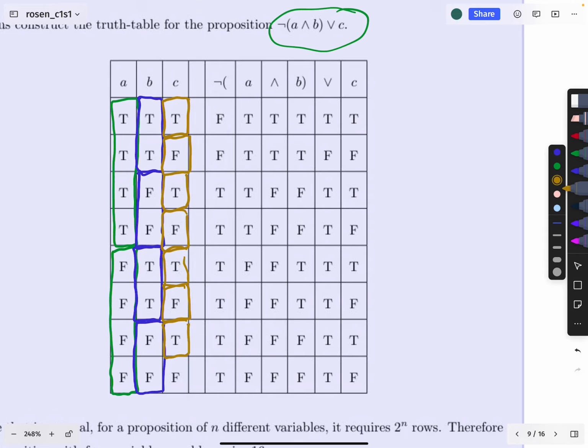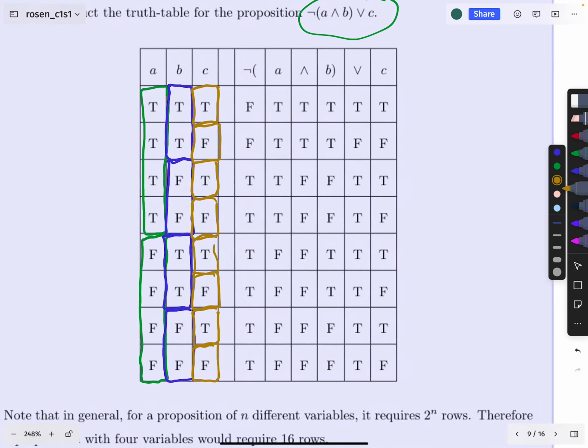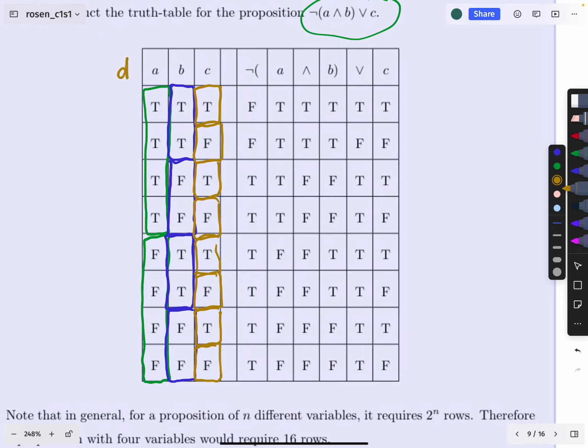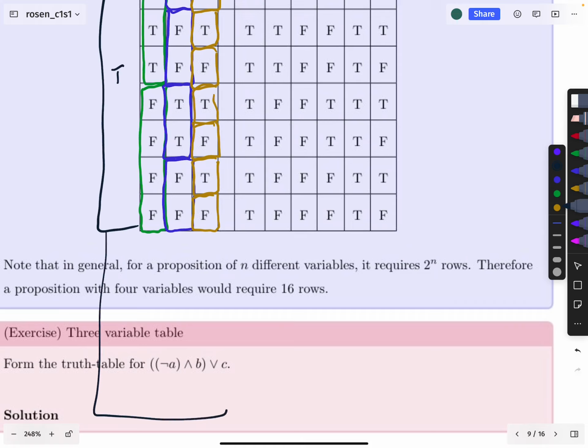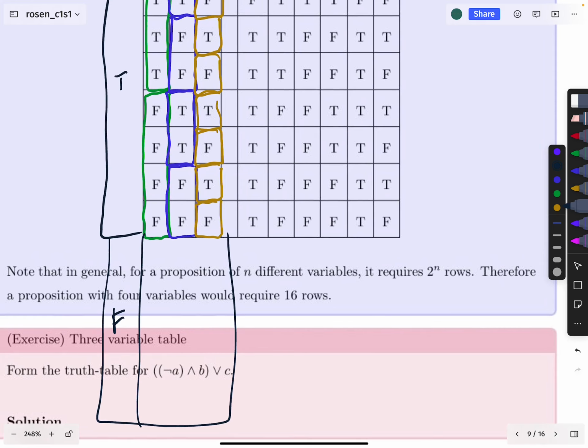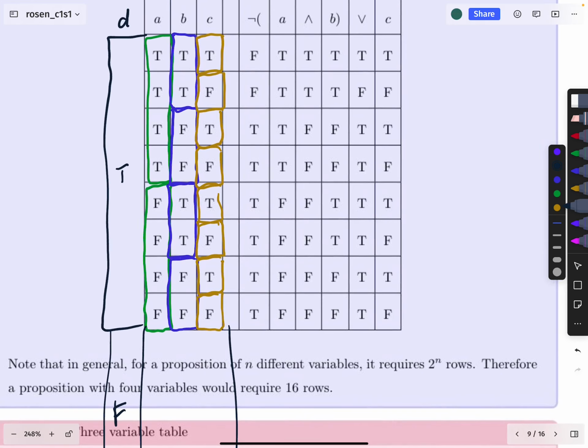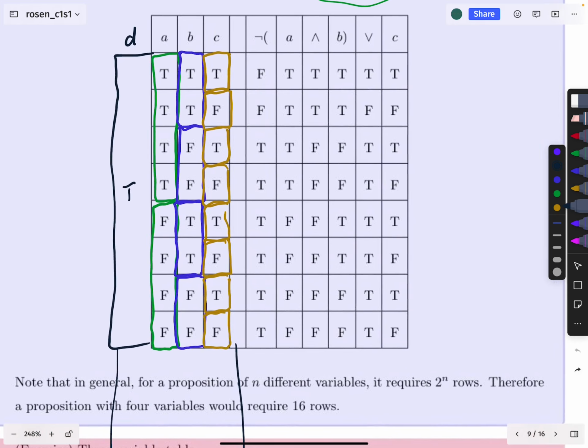That explains why every time you include an extra variable, if we were to put on here an extra variable D, then we would need to have all of this where D is true, and then we'd have to reproduce it where D is false. So you double the number of rows you need each time you add a variable.